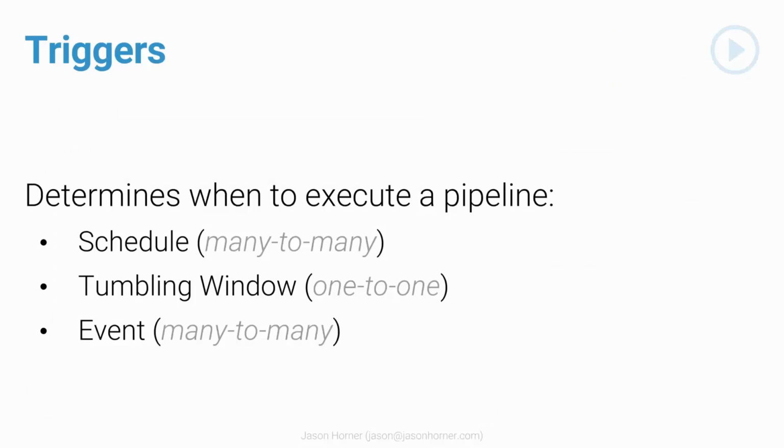Okay. As far as triggers, there are three main types. We can do an event-based trigger where we can trigger an ADF pipeline based on the arrival of a file in a blob store or the deletion of a file. I can do a schedule-based one, so wall clock-based, just like I would do in SQL Agent. And then tumbling window is mostly deprecated these days. It was more of an ADF v1 concept, but it is still supported.